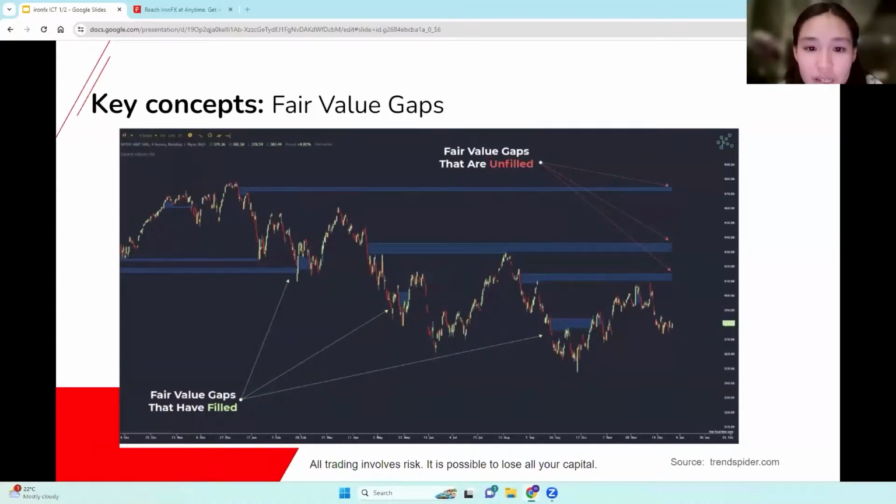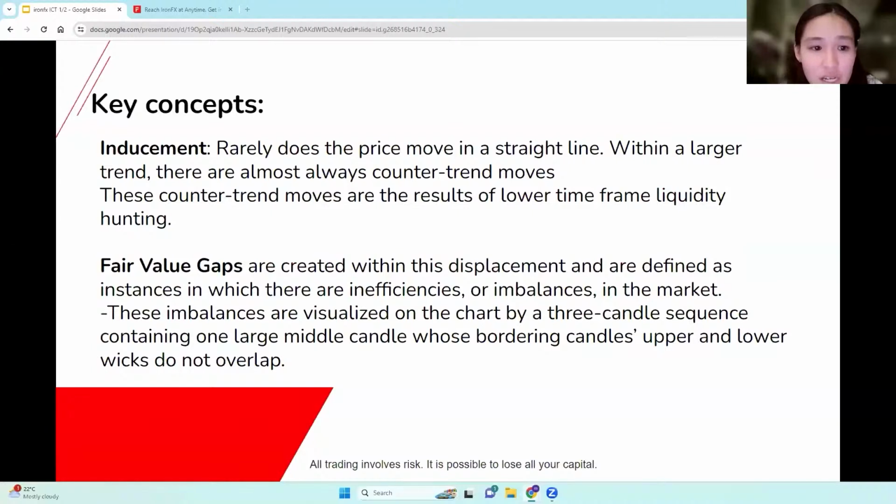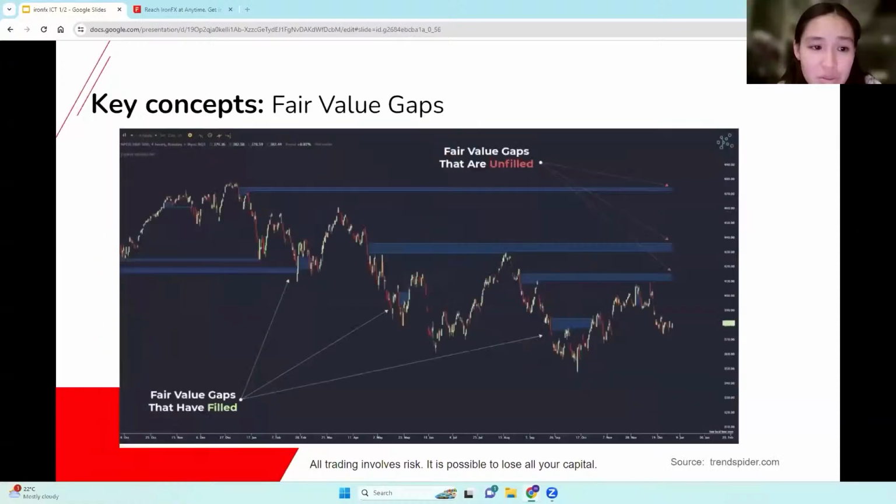Okay, so maybe to start off, you can look for what we've mentioned in the previous slide, which is the three candle sequence containing one large middle candle whose bordering candles, upper and lower wicks, do not overlap. So you can look for some of those examples in over here.